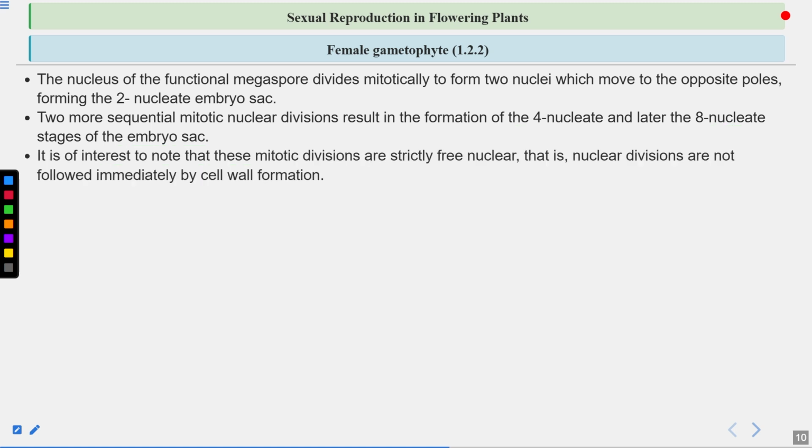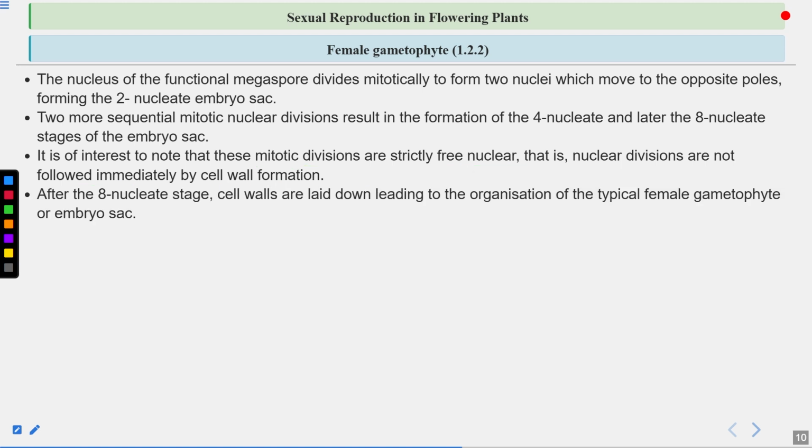It is of interest to note that these mitotic divisions are strictly free nuclear, that is, the nuclear divisions are not followed immediately by cell wall formation. Once the 8-nucleate stage is achieved, only then is the cell wall laid and the individual cells formed. So 7-celled and 8-nucleate, don't forget. Very important.